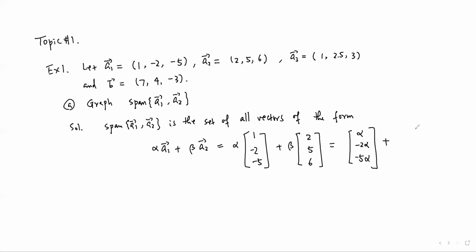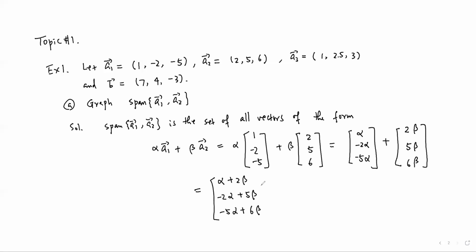The second term is 2 beta, 5 beta, 6 beta. Now I add these two vectors. Then I get alpha plus 2 beta, -2 alpha plus 5 beta, -5 alpha plus 6 beta. So this combination is this vector.